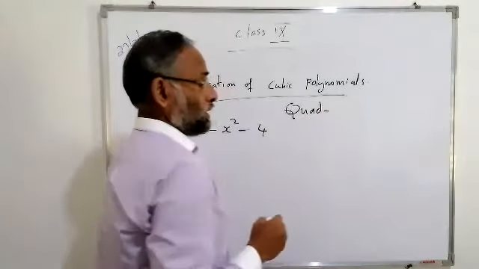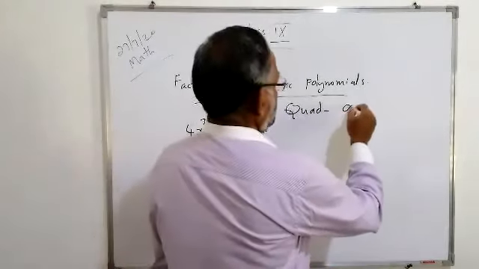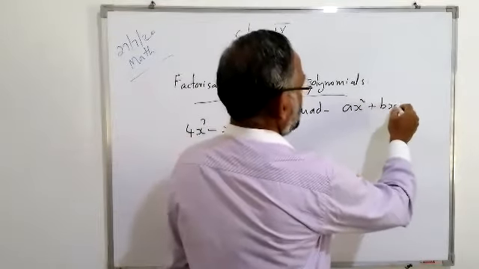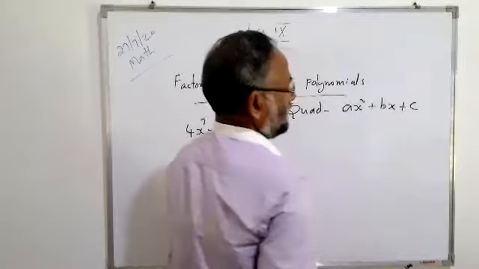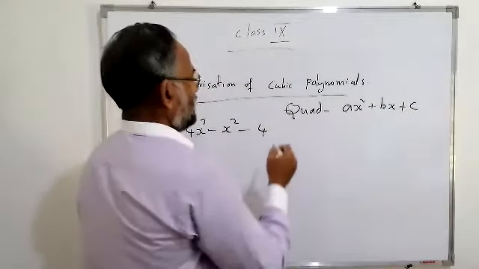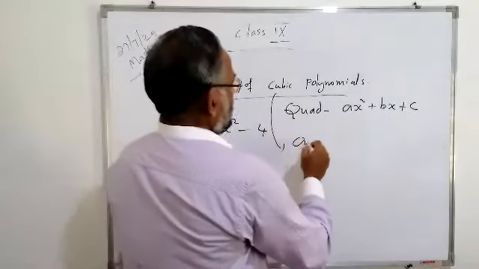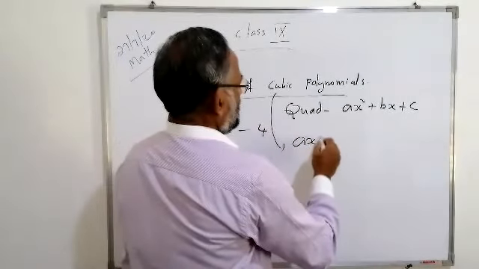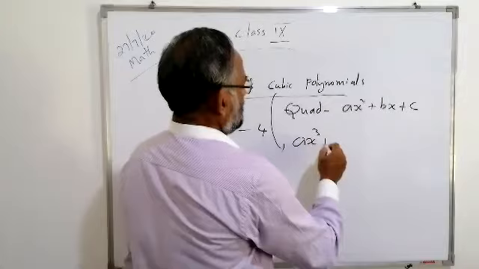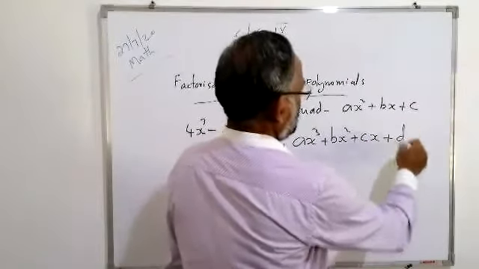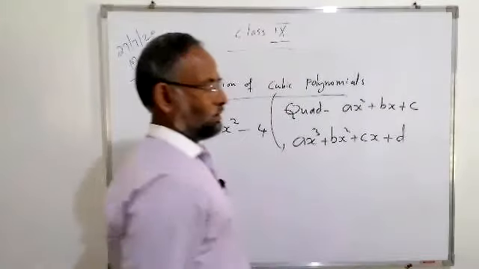Quadratic polynomial, standard form is ax square plus bx plus c, at most 3 terms. Now cubic: ax cube plus bx square plus cx plus d. All of you write there.